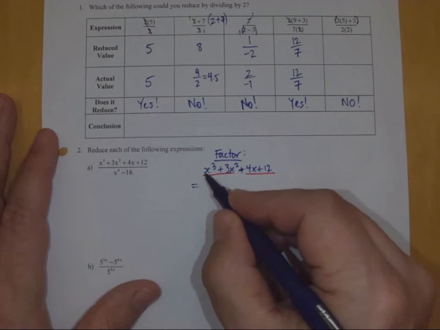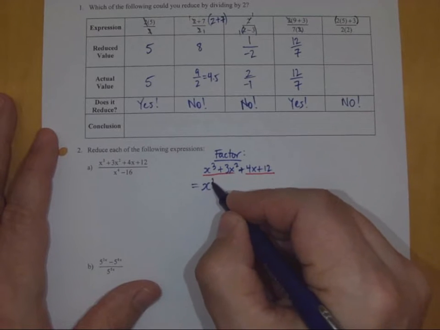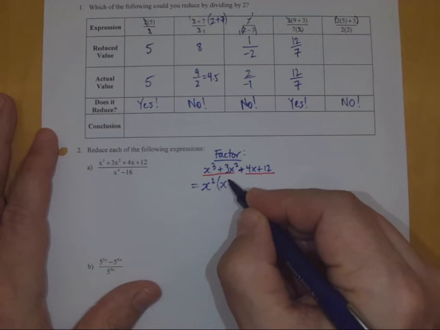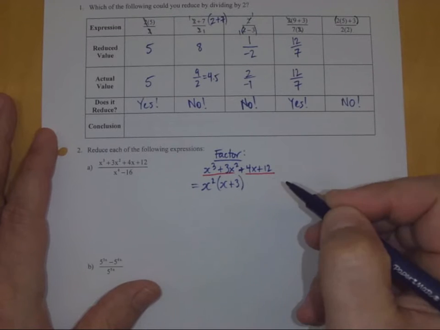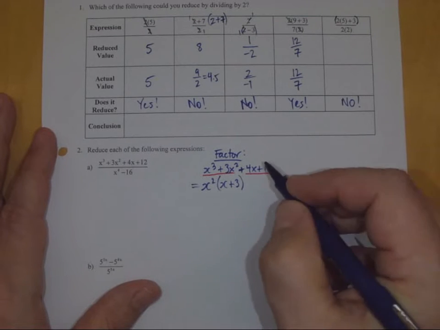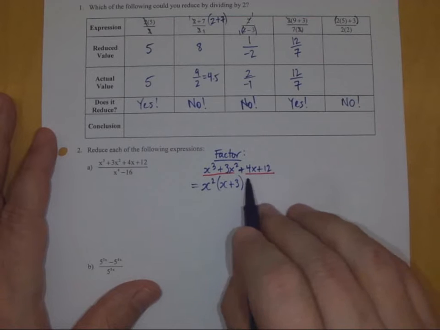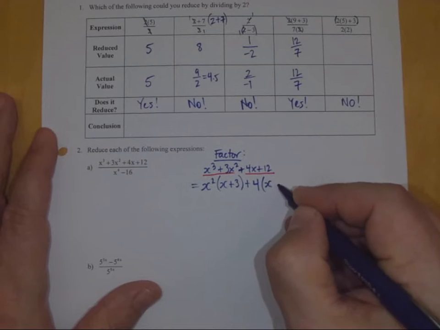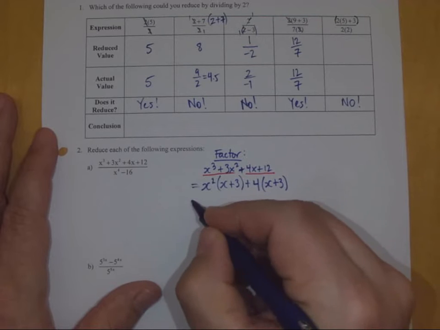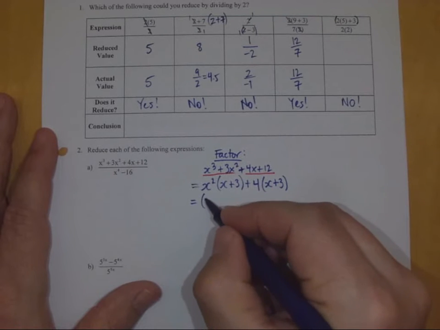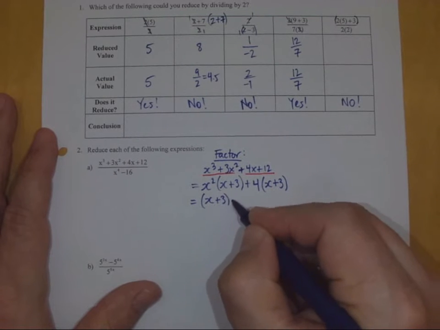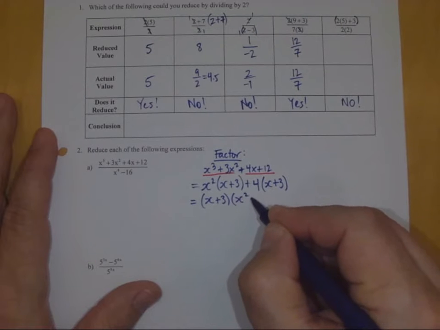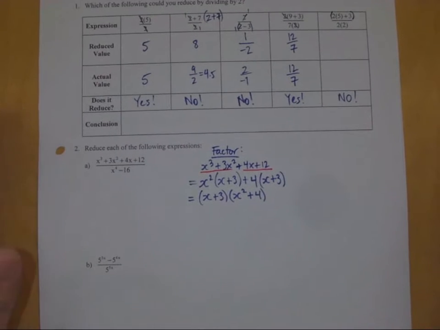So I can factor out x squared from the first 2, I'm left with x plus 3. And I can factor out 4 from the next group, leaving me with x plus 3. Well, that's convenient because that means we don't need to use the factor theorem here. It's just x plus 3 times x squared plus 4.